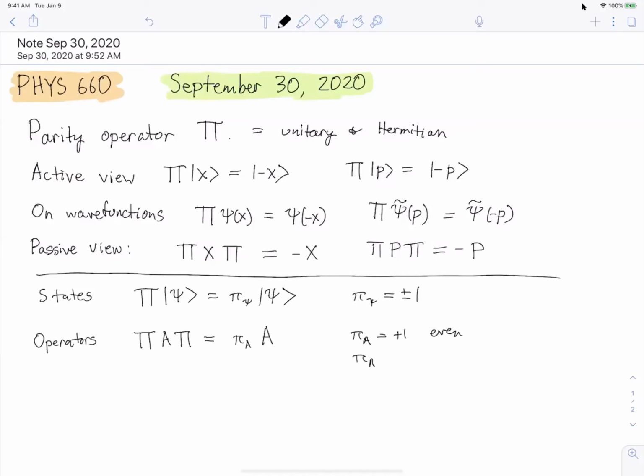If pi sub A is minus 1, then the operator is said to be odd under parity. And again, not every operator will be either even or odd. There are some operators that are neither one of those.